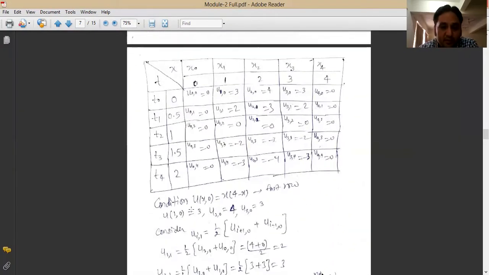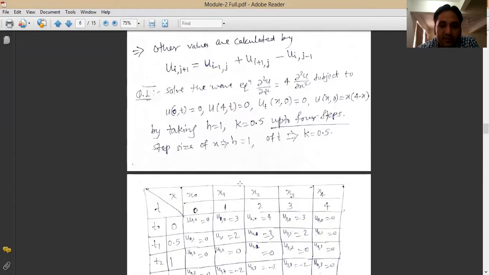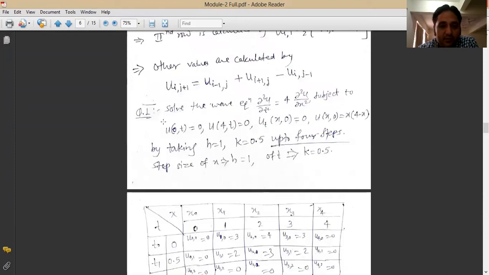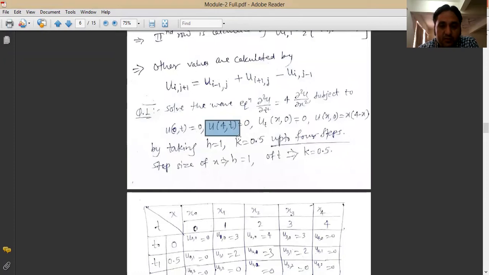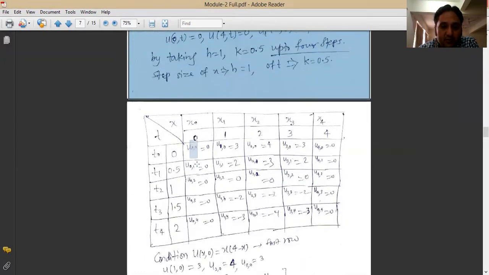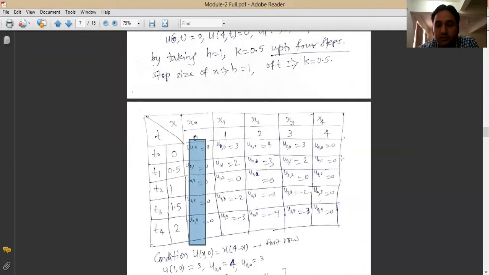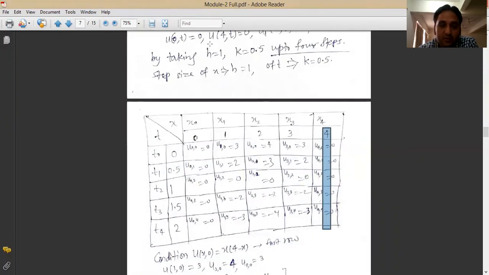See, the condition u of x comma 0 equals x into 4 minus x will calculate the first row. Because the question says u of 0 comma t equals 0 and u of 4 comma t equals 0, all the values of the first column and the last column will be 0 according to the boundary condition. Then the intermediate values we have to calculate.